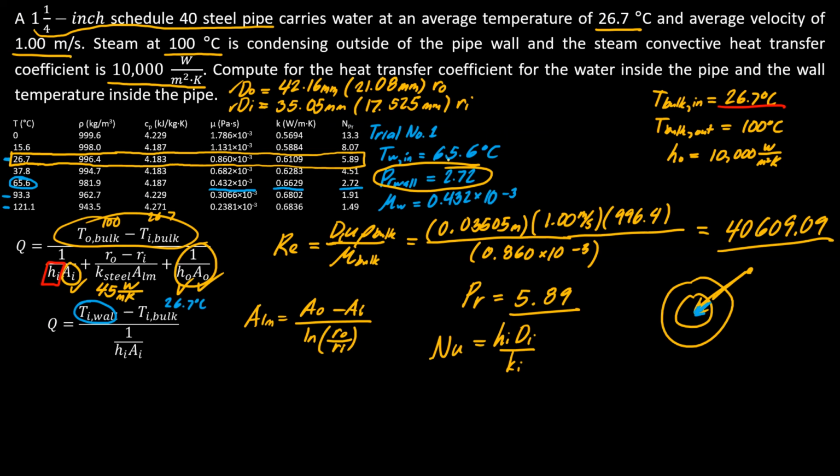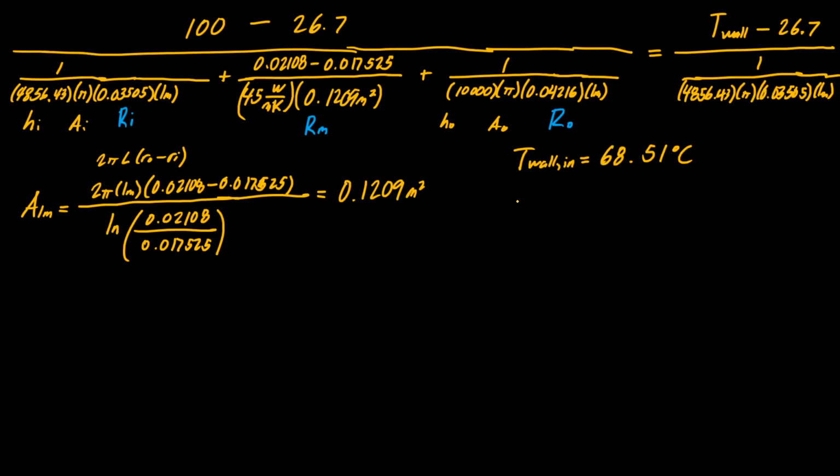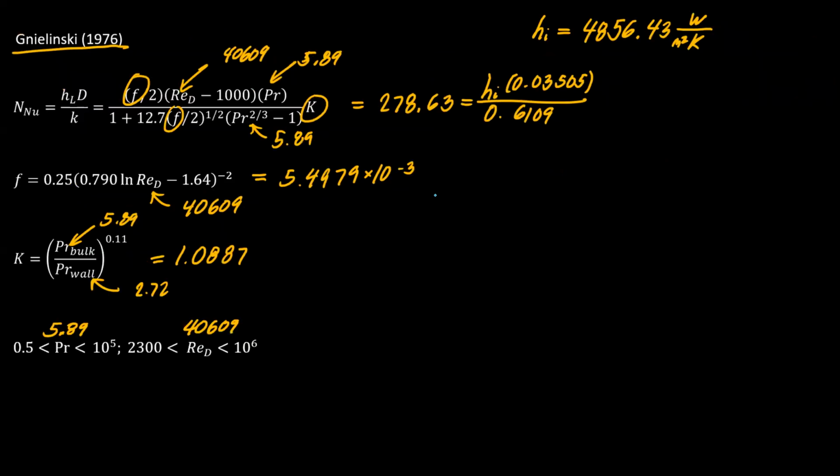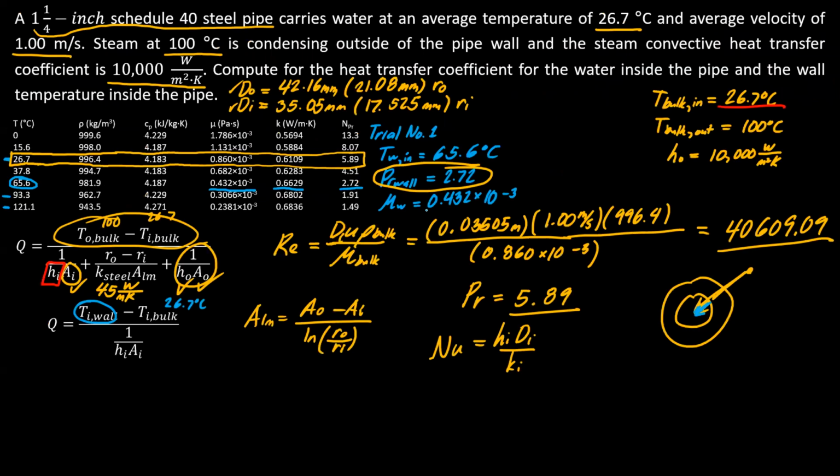We can do one more iteration. This is very near, so we can do another iteration to confirm this. Now, if we do another iteration, the only thing that's going to be affected here is, look at this, Reynolds number is not going to be affected because we're using the inner diameter, right?